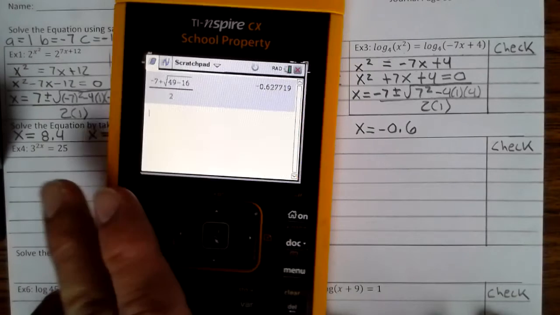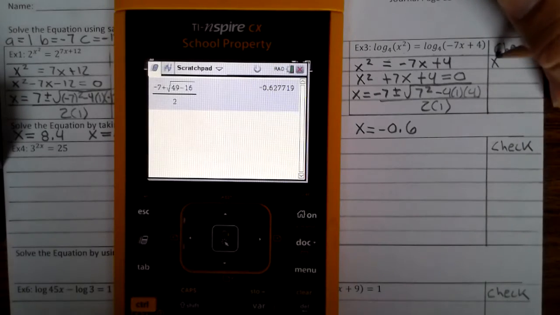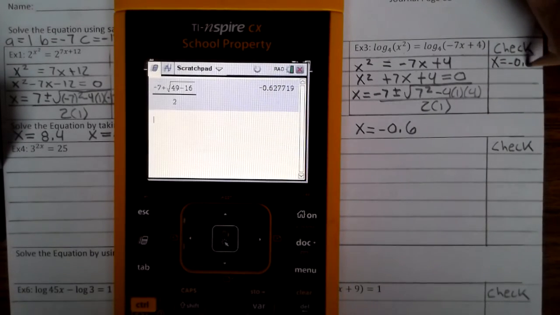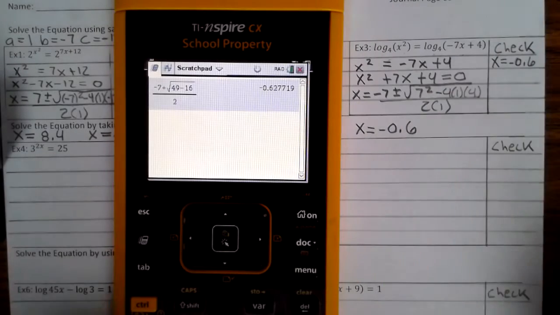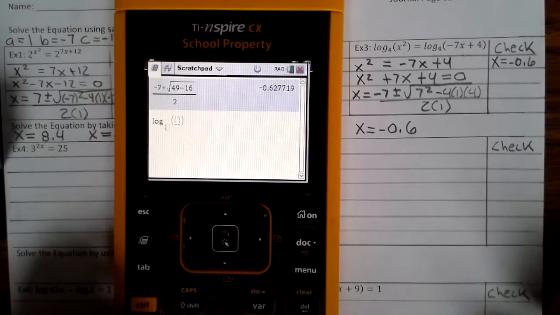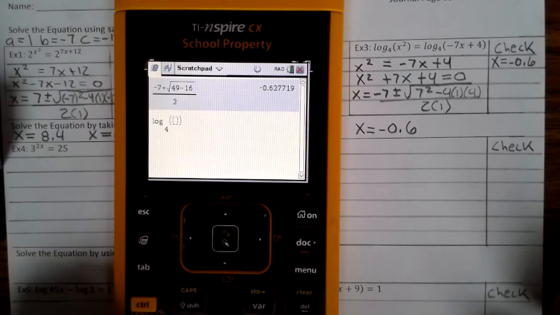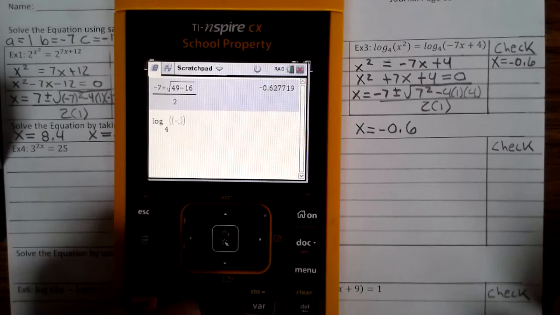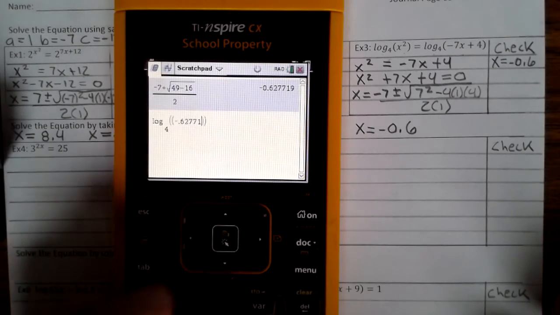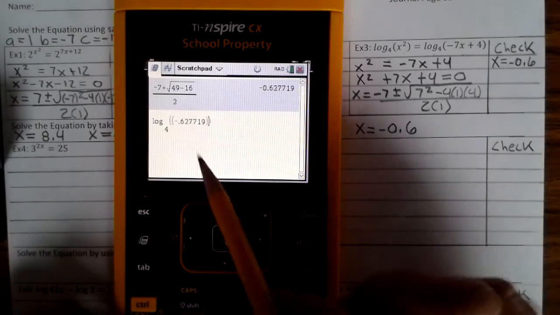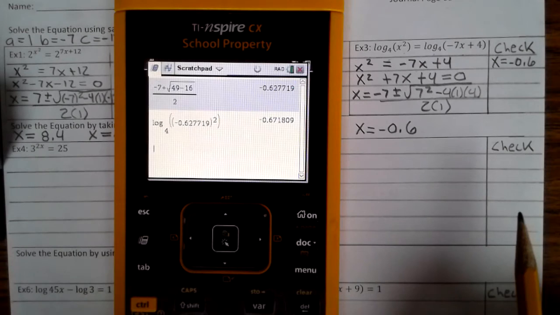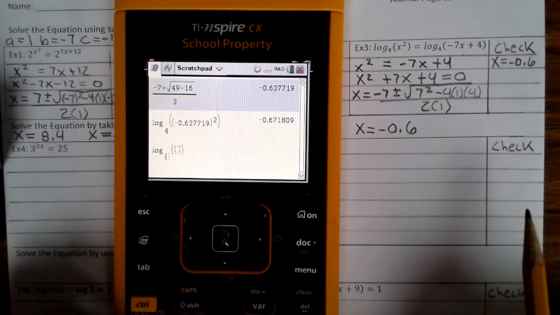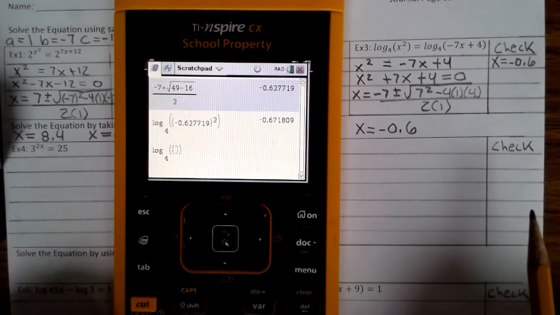So remember, we're going to use all of this to check. So then that's control log base 4 of parentheses negative 0.627719 squared. Remember, whenever you have a negative number, you have to put it in parentheses when you square it. Okay, and then that's control log base 4 of negative 7 times negative 0.671809 plus 4.